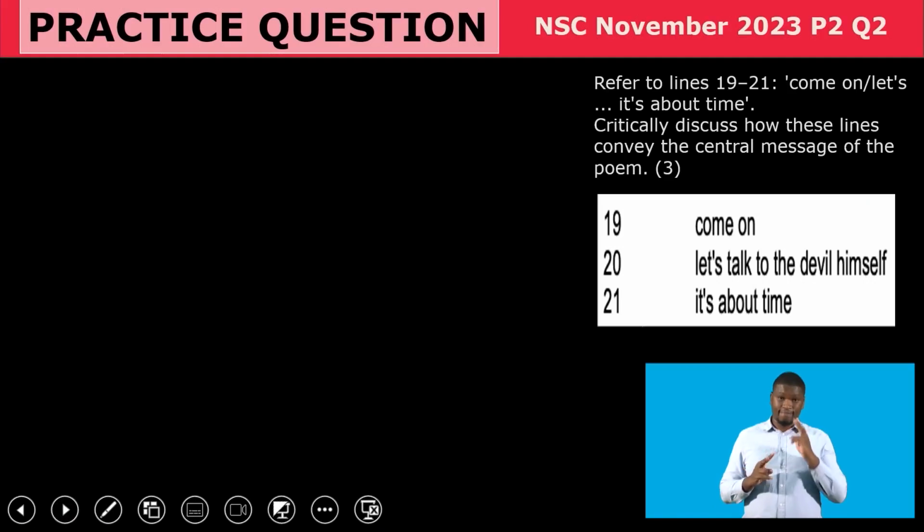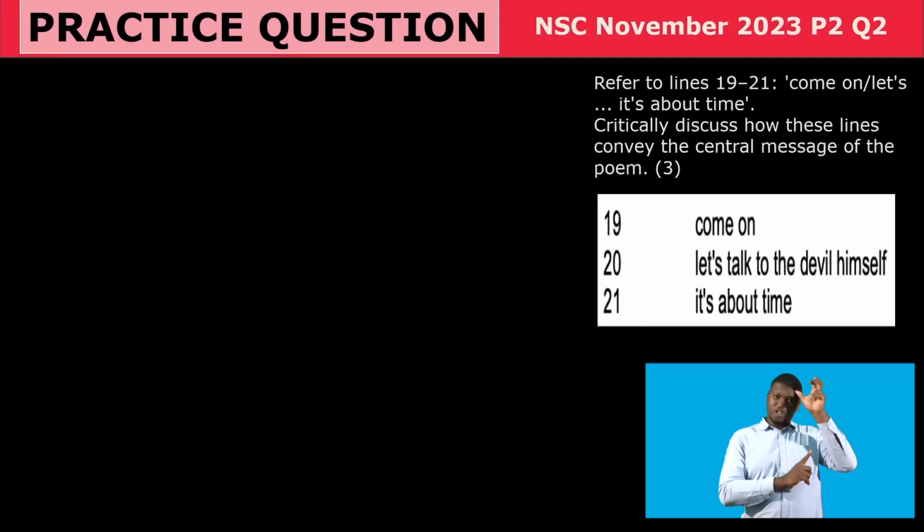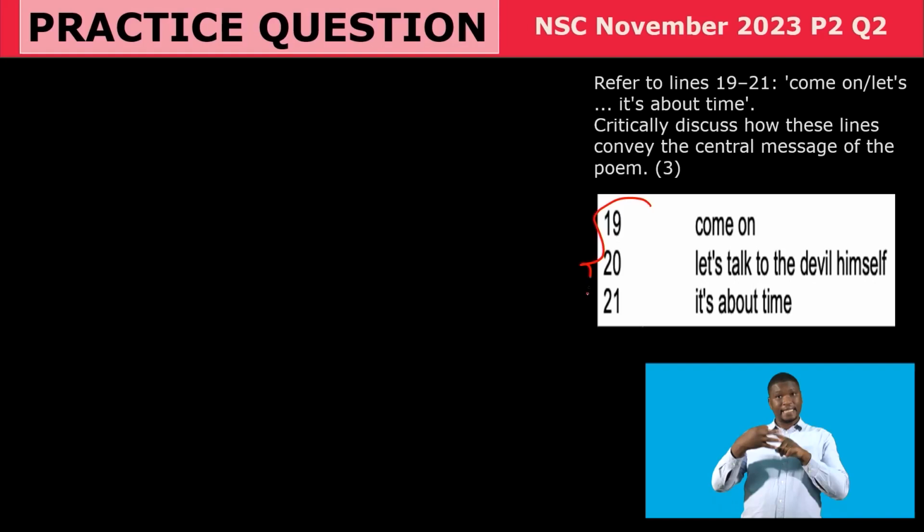Now, let's look at the next question. Refer to lines 19 to 21. Come on, let's talk to the devil himself. It's about time. Discuss how these 3 lines convey the central message, so what the poem is about.